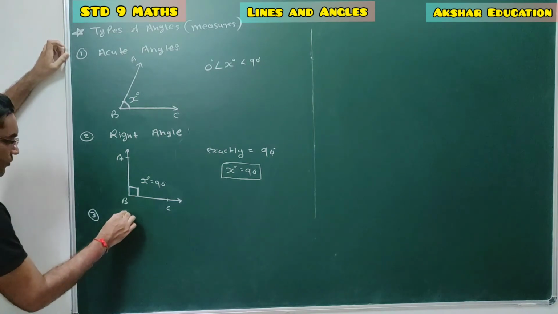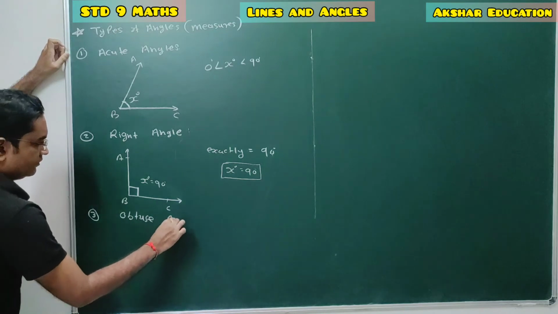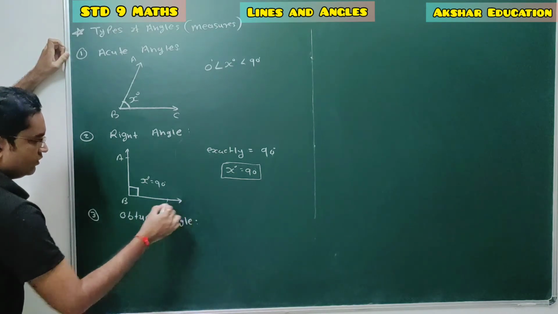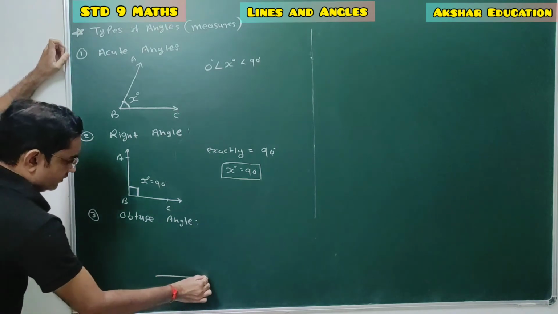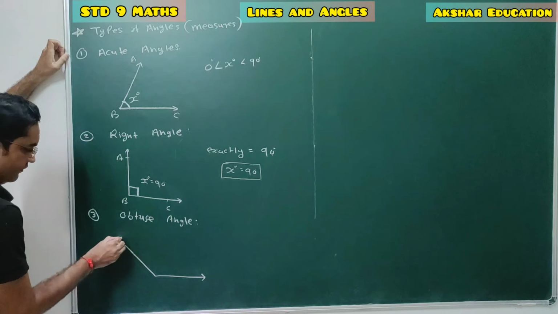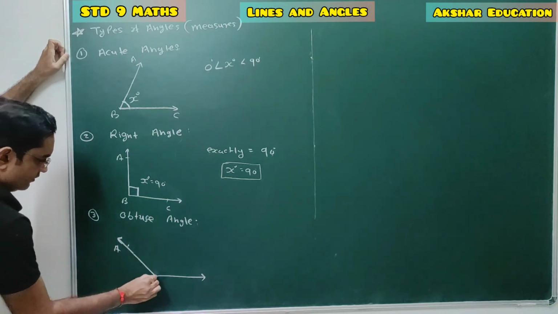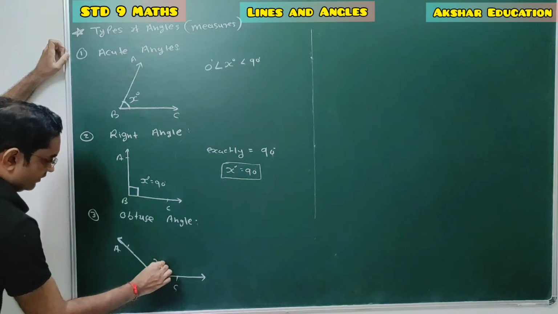Third angle is obtuse angle. Obtuse. So here measure of angle is greater than 90 degree but less than 180 degree. So this is angle ABC and this is the measure of angle x.